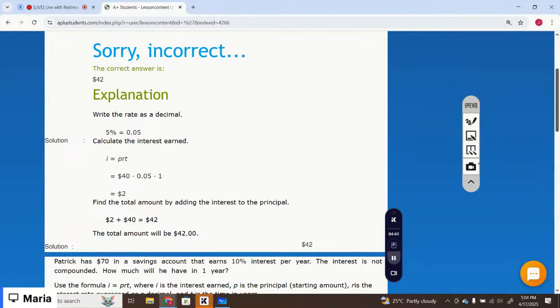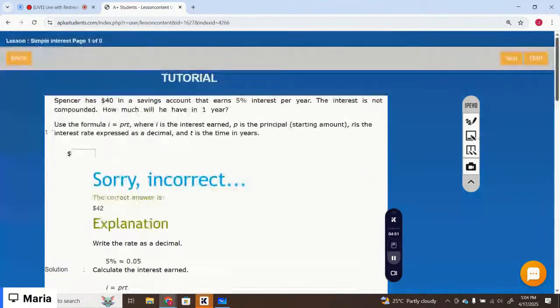Let's just start with the test questions. G has $70 in his savings account that earns 5% interest per year.